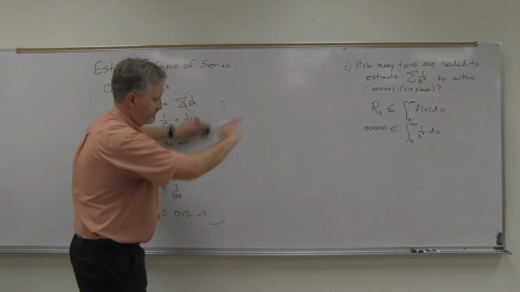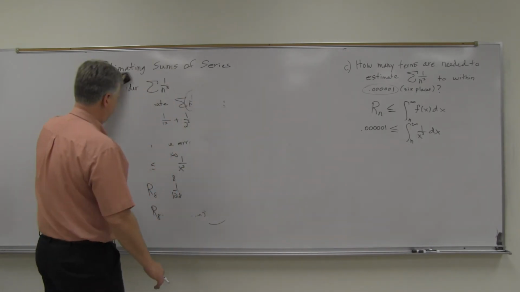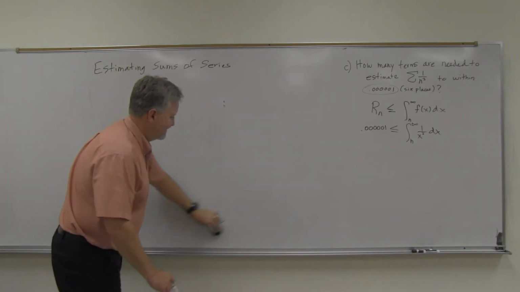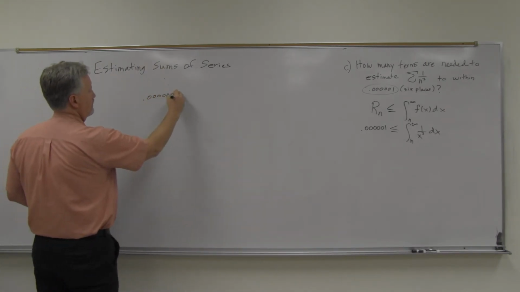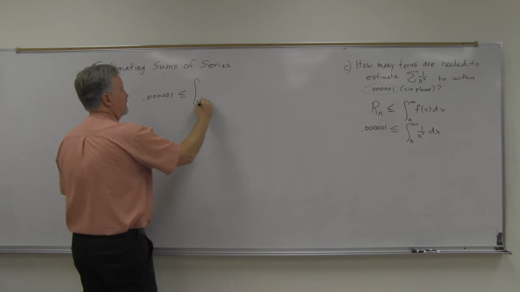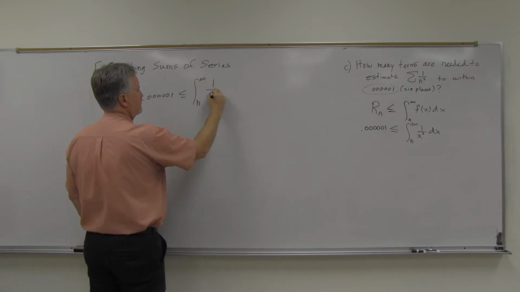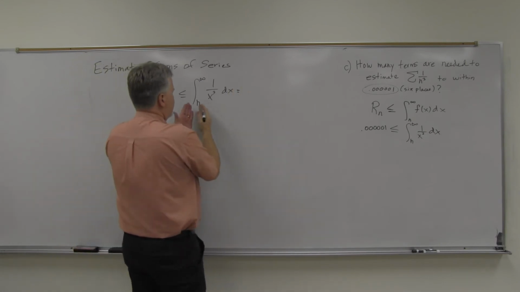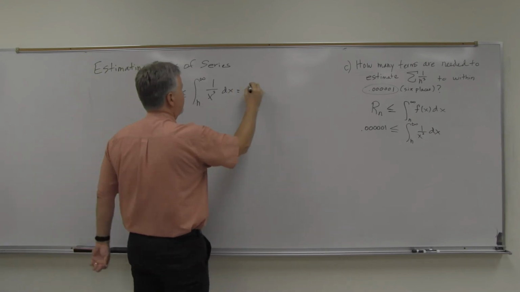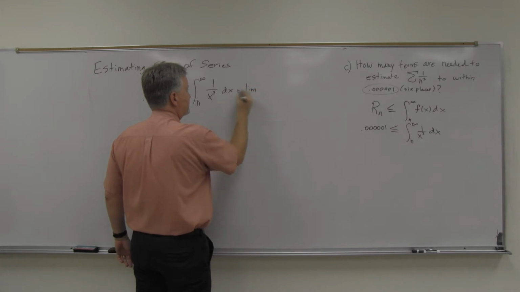Move it over here so I can expand my writing to the right there. All right, so I've got 0.0000001 less than or equal to the integral from n to infinity of 1 over x cubed dx. Well, same integral really. I'm just doing n instead of 8.